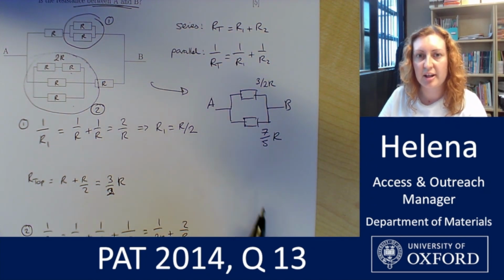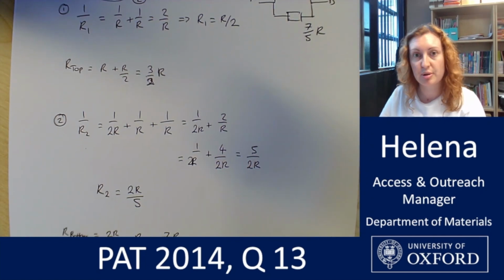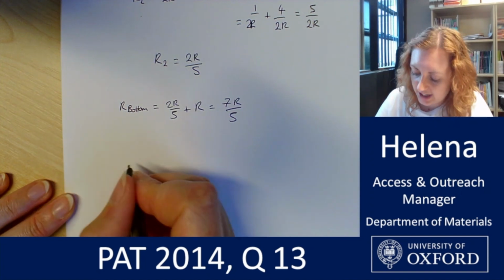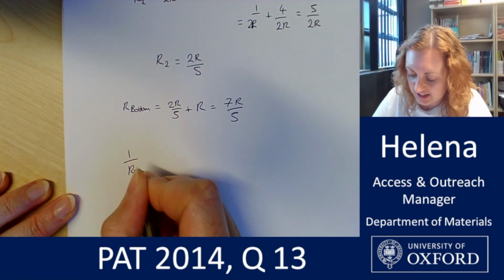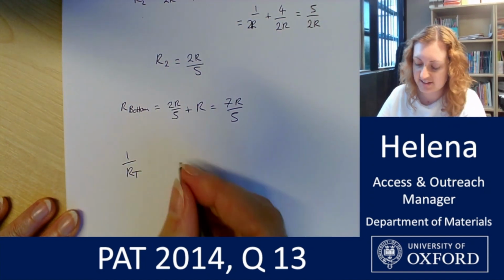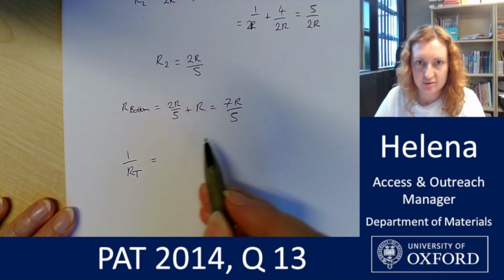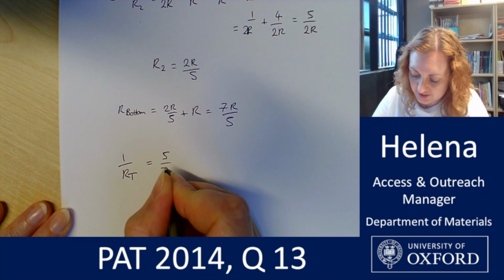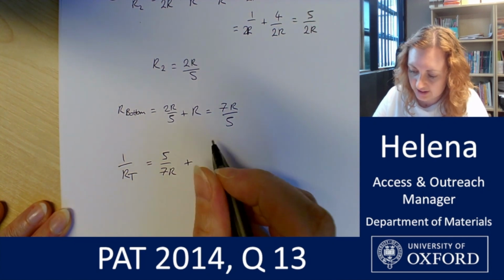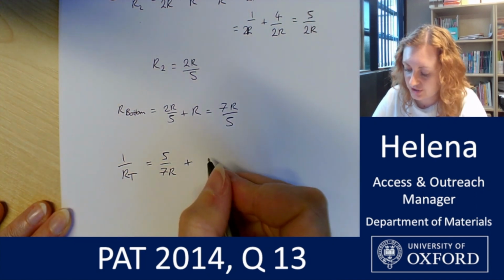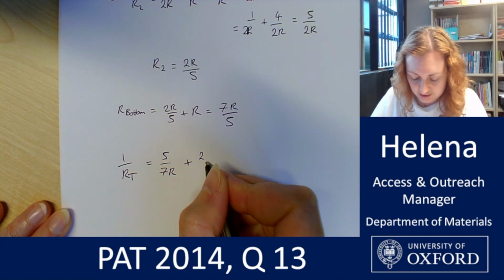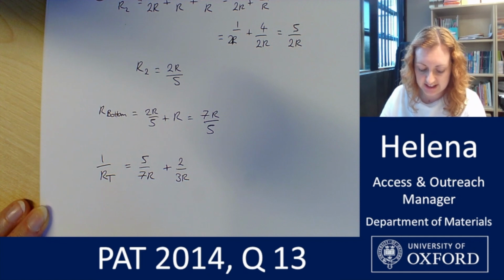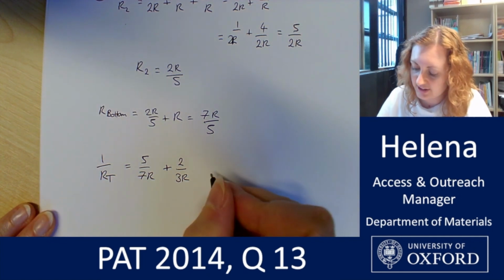Now these are in parallel, so we can use the reciprocal equation. So 1 over RT, which is total resistance, is equal to 1 over those two resistances. We have 5 over 7R plus, remember the top one was 3 over 2R, so we've got 2 over 3R here. Let's do some cross multiplying of our fractions.